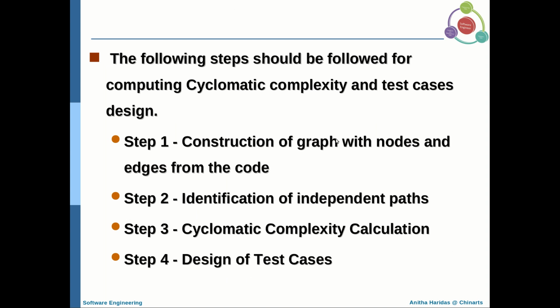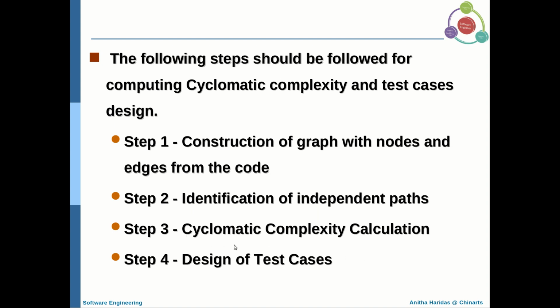So these are the steps that we have to follow for computing the cyclomatic complexity and deriving the test case design. First, you have to construct a graph with nodes and edges from the code, which will be your control flow graph, or you can even have a decision to decision path graph. Then you have to identify what independent paths are available, and then you can calculate the cyclomatic complexity.